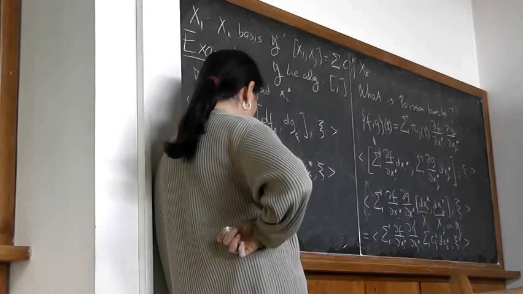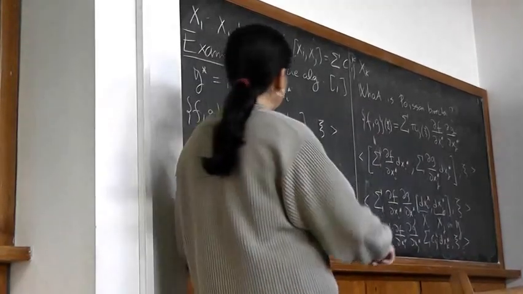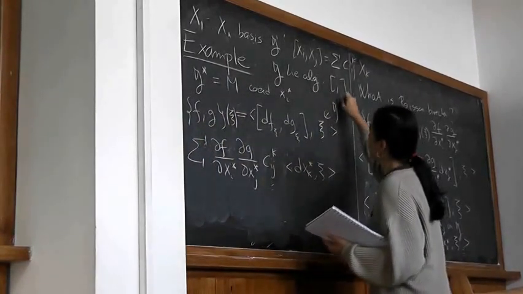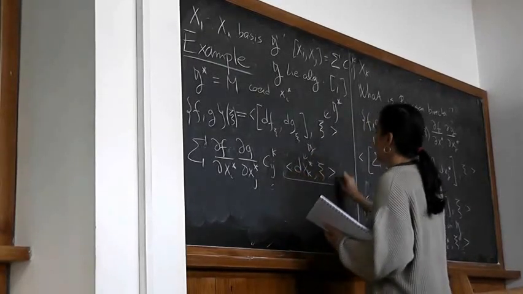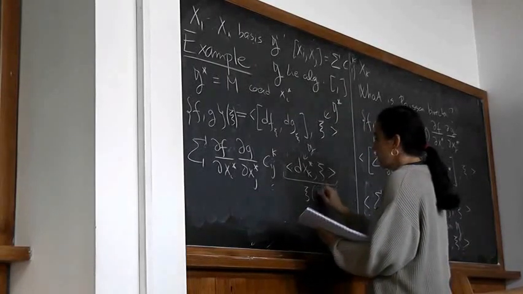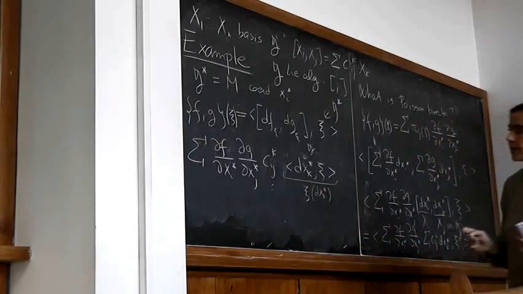So effectively, what is this? This is an element of G star, right? And this is an element of G. So this is nothing but psi evaluated at dxk star.